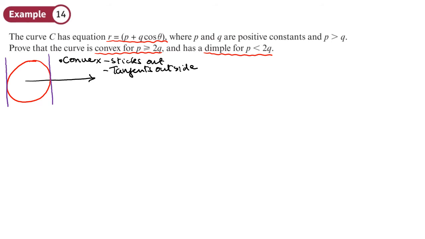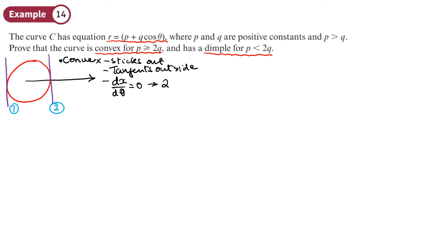And if the tangent's always outside, wherever you draw the tangents, when we look at dx d theta equals 0, there's only going to be 2 of those, on either side of the curve. So if it's convex, the graph always sticks out, the tangent's always on the outside, and dx d theta equals 0 means that there are actually 2 tangents, one here and one here.